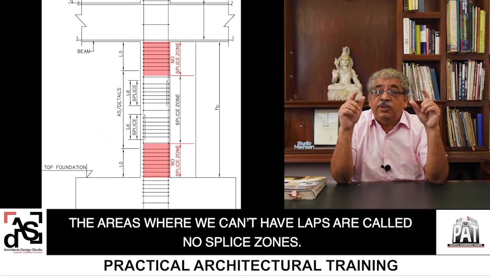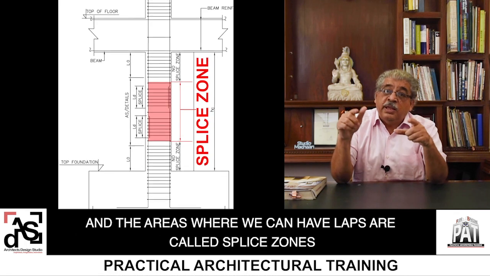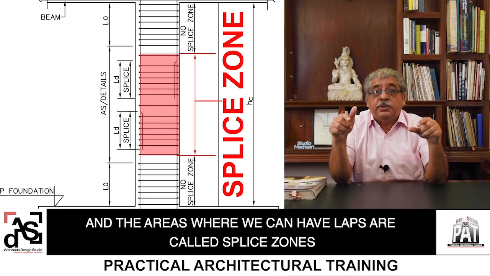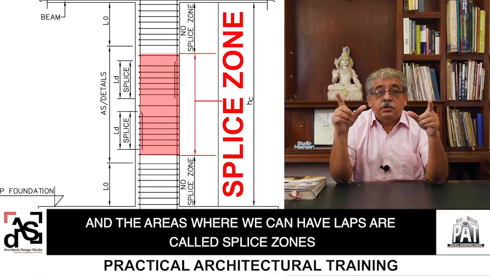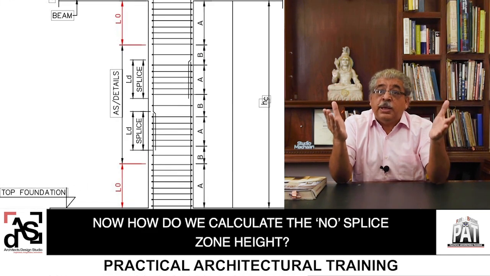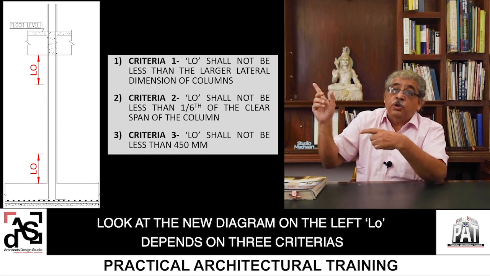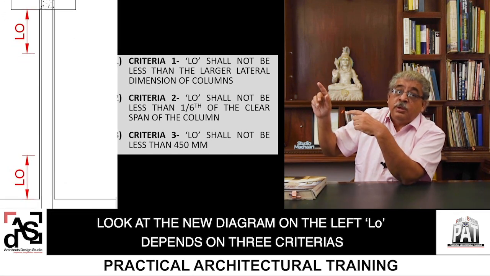The areas where we can't have laps are called no splice zones, and the areas where we can have laps are called splice zones. Now, how do we calculate the no splice zone height? Look at the new diagram on the left.